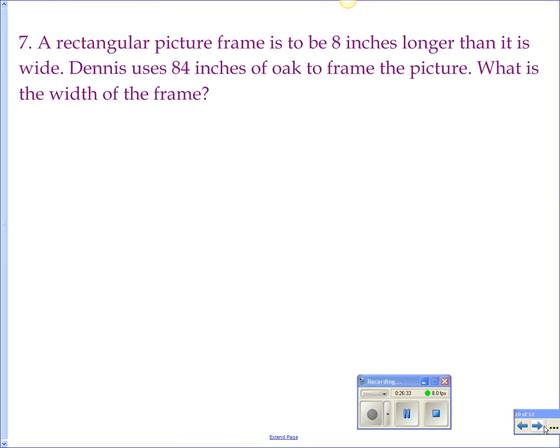A rectangular picture frame is to be 8 inches longer than it's wide. Dennis uses 84 inches of oak to frame the picture. What is the width of the frame? All right, Bishop, what are we doing first? Draw what? Making a picture frame. Tamara, what can you tell me about my picture frame?